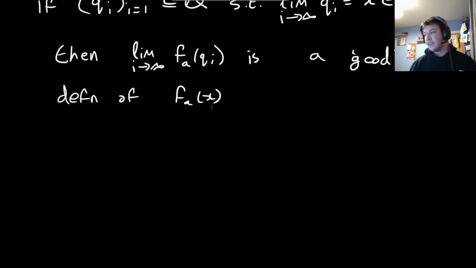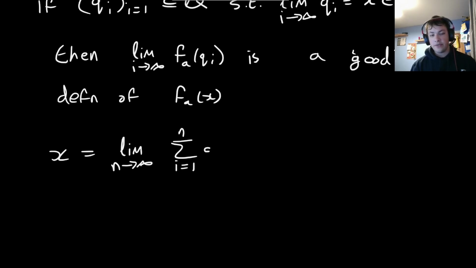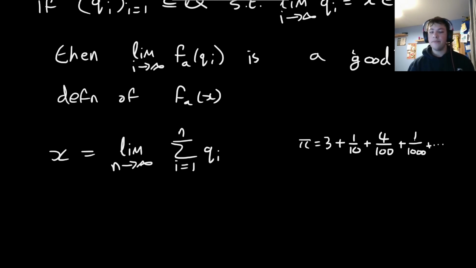Okay, and in particular, if we have that x is the limit as n goes to infinity of the sum from i equals 1 to n of qi. So for example, pi is equal to 3 plus 1 over 10 plus 4 over 100 plus 1 over 1,000, and so on.